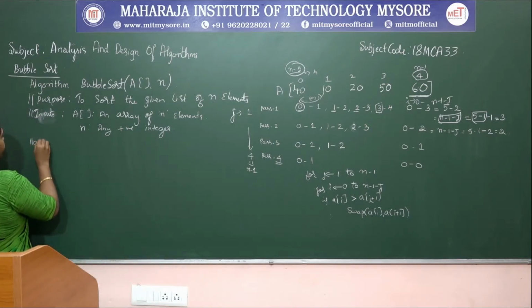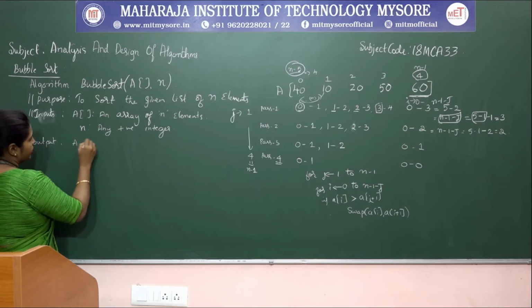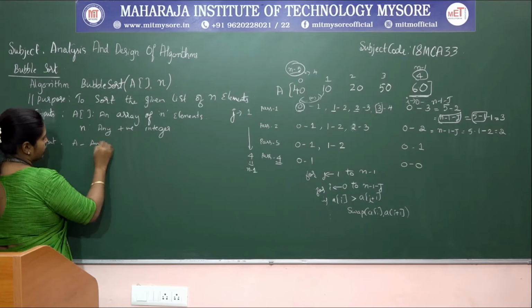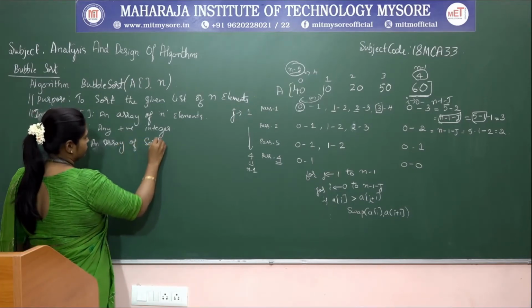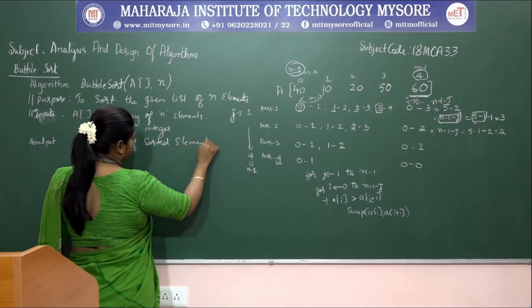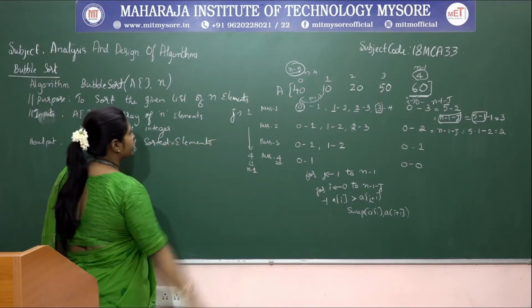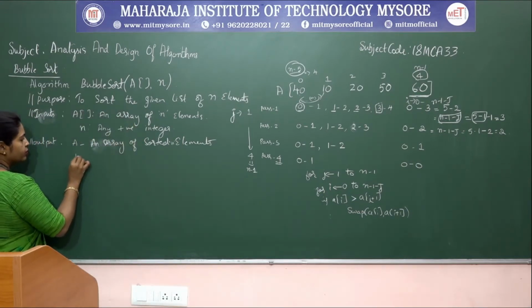What is the output we are expecting? So we are expecting the output an array of sorted n elements, right?